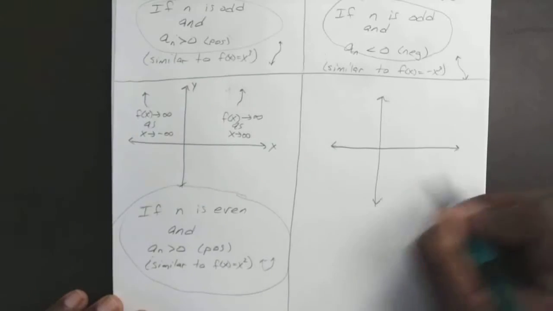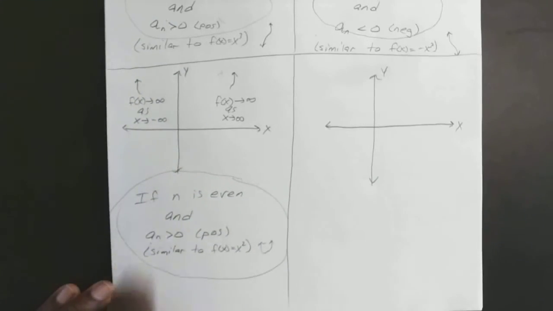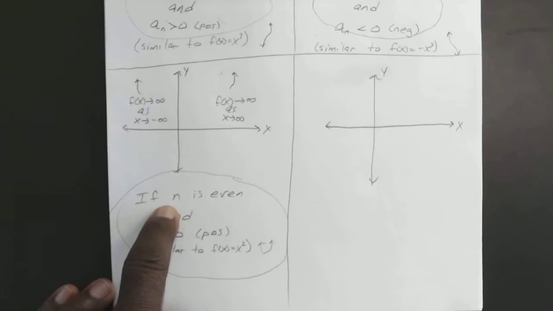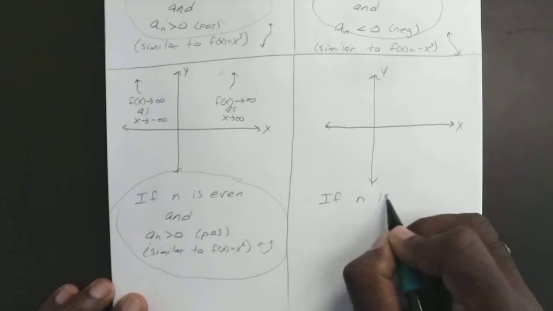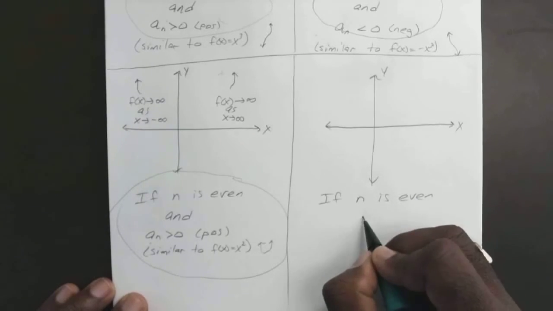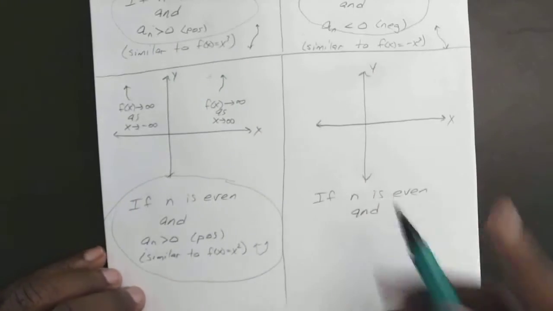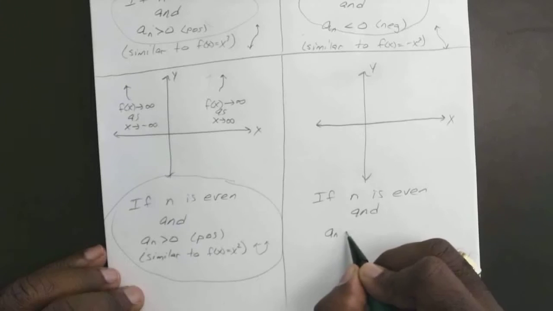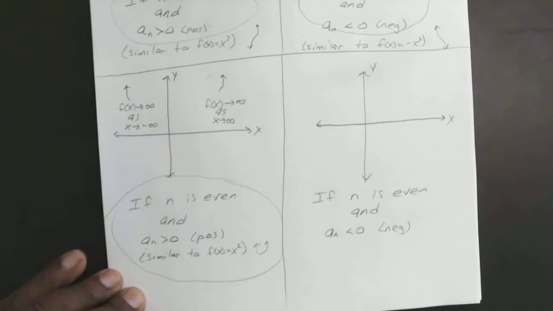Okay, so if we do one more, we have our x, we have our y. What if your exponent is still even, and that lead coefficient is negative?